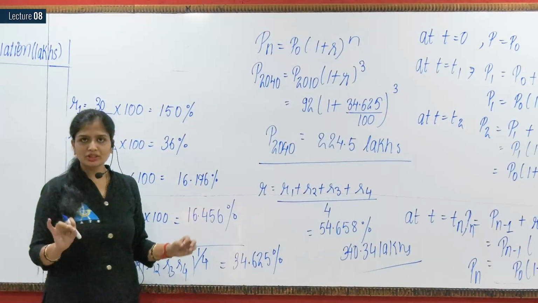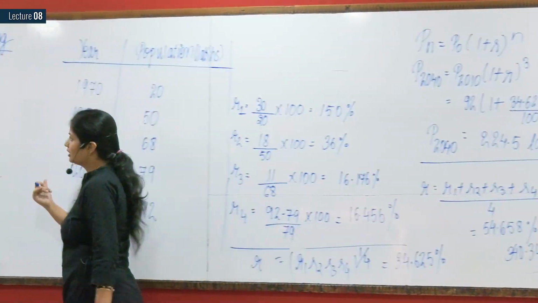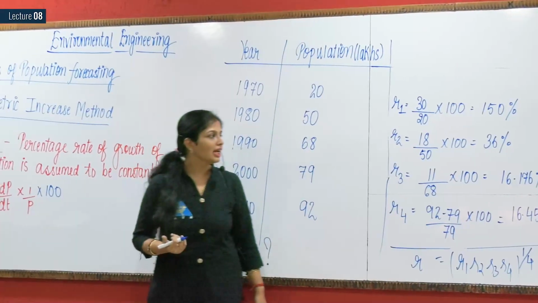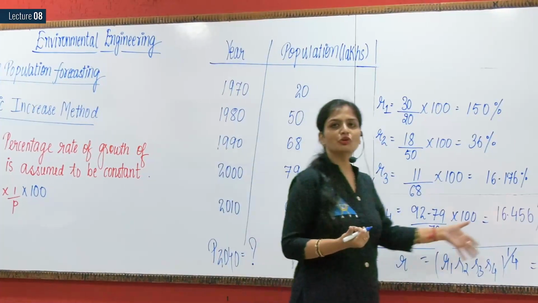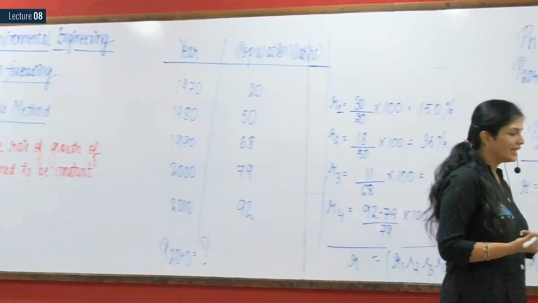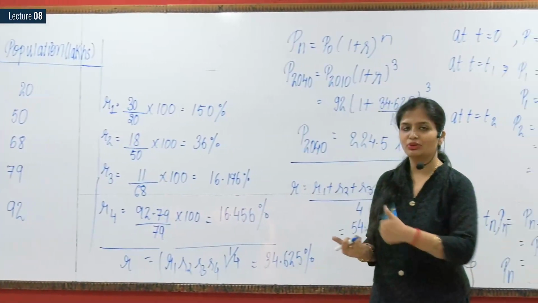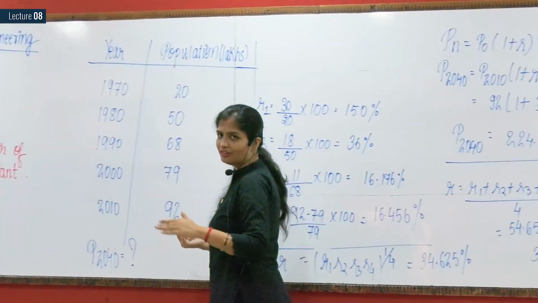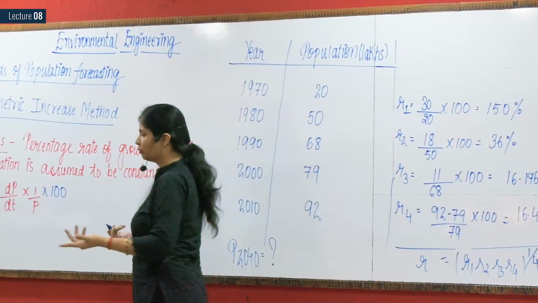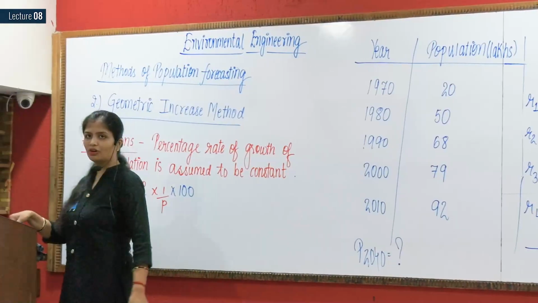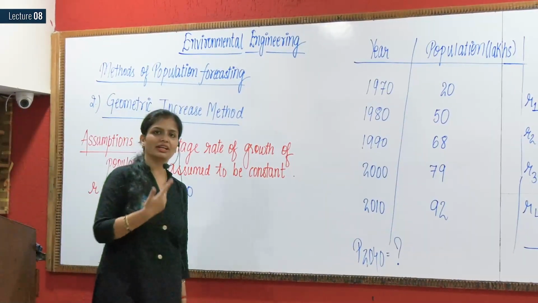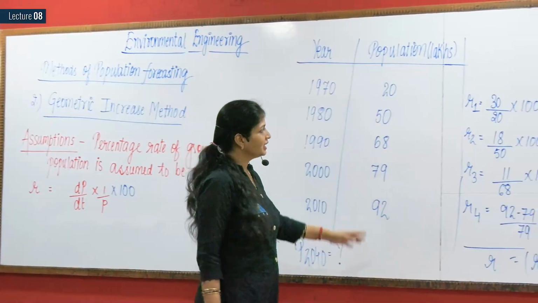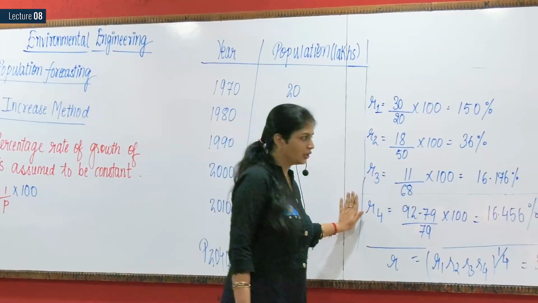Now, one more thing: it is known as the geometric increase method because the population is varying geometrically. I haven't told you yet which type of population this method is used for; I will tell you that, and I will relate all three: arithmetic increase, geometric increase and one more method. I guess the geometric increase method is clear to you.